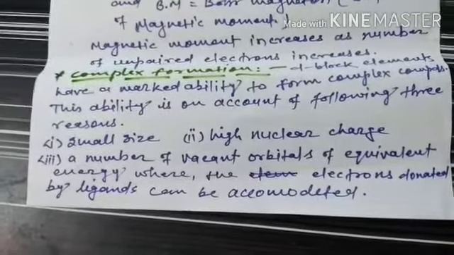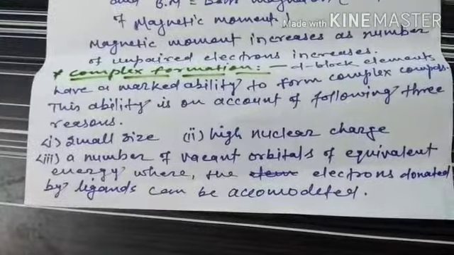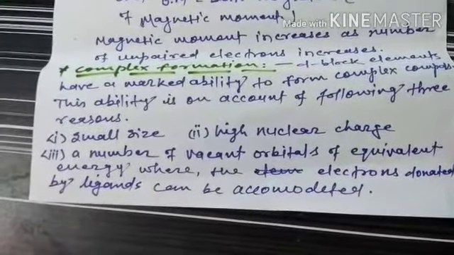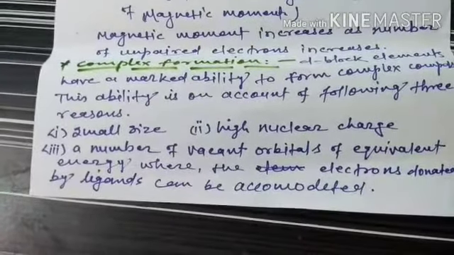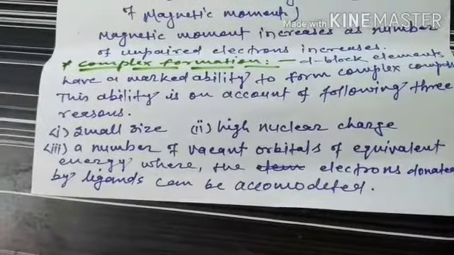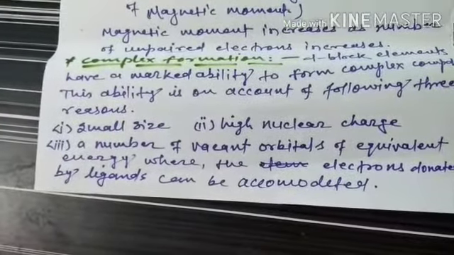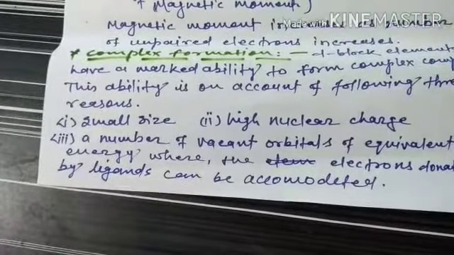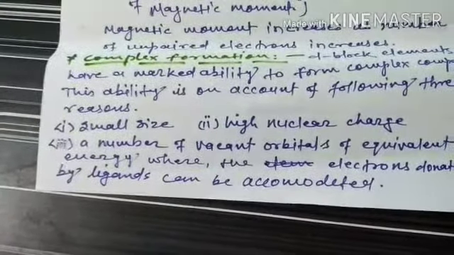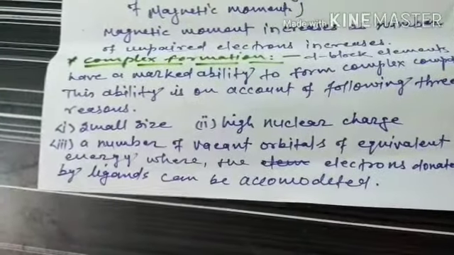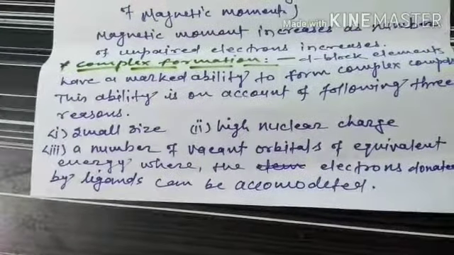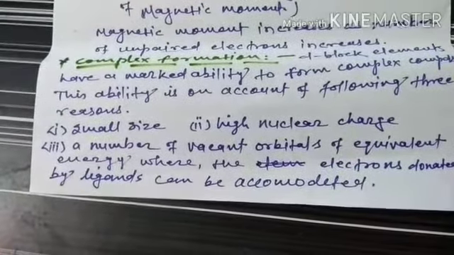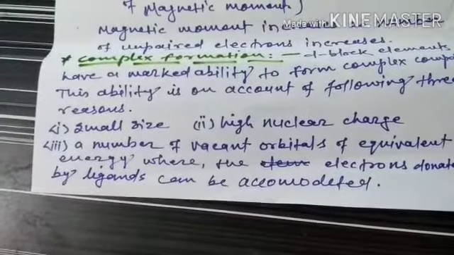This ability is on account of the following three reasons. First one is small size, second one is high nuclear charge, then a number of vacant orbitals of equivalent energy where the electrons donated by ligands can be accommodated.